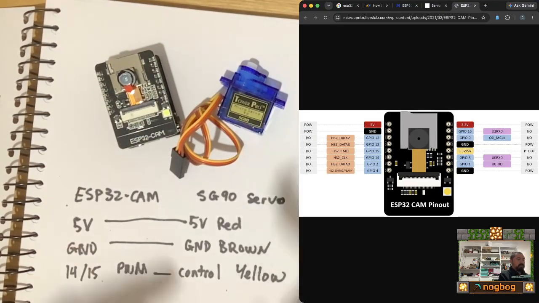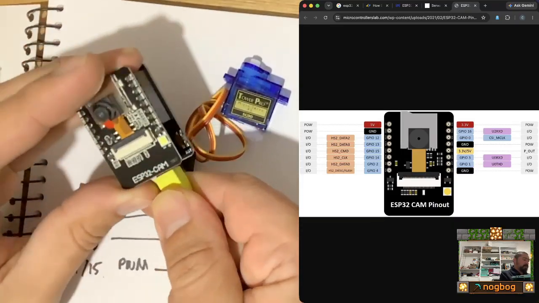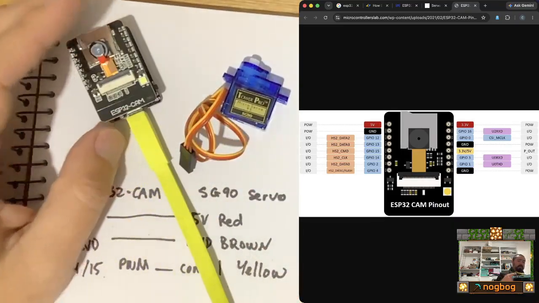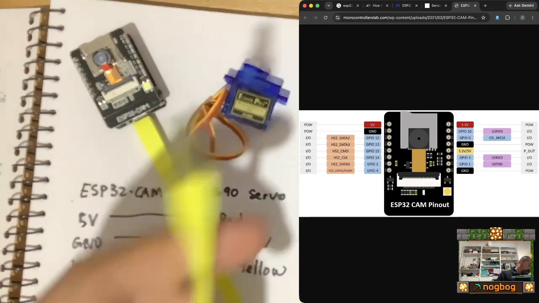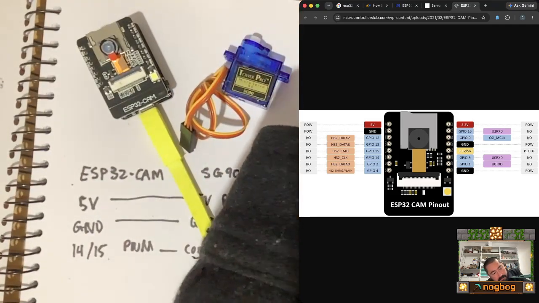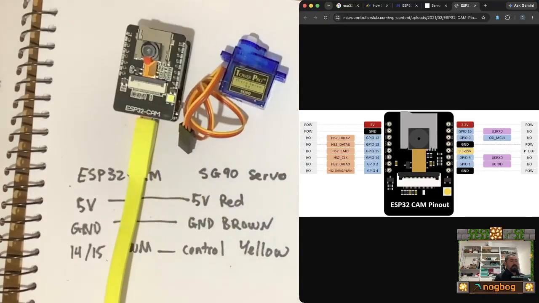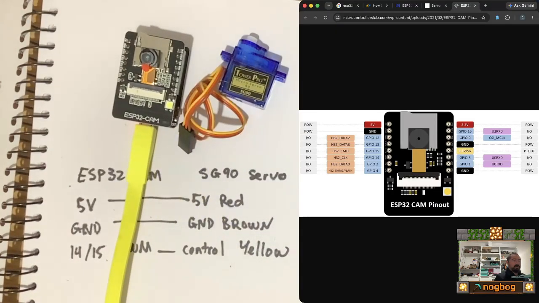All right, so what do we need to do? We need to plug this into our programmer board here. And we need to plug this end into our computer. Okay, that's it. And what we want to do is just make sure that we can program it.